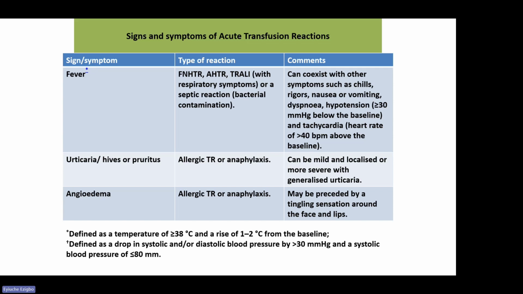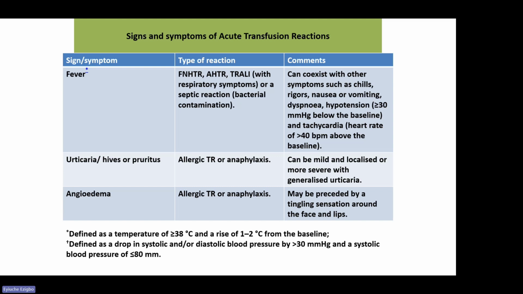So we're going to look at acute transfusion reactions generally. We've defined them and listed the complications under them. So what are the signs and symptoms of these acute transfusion reactions in general? In this table, we have fever, urticaria, and angioedema.